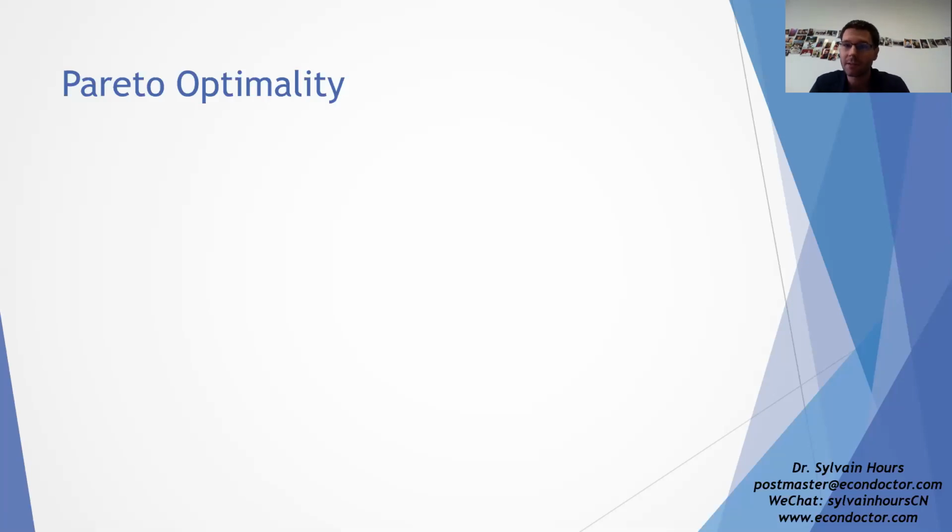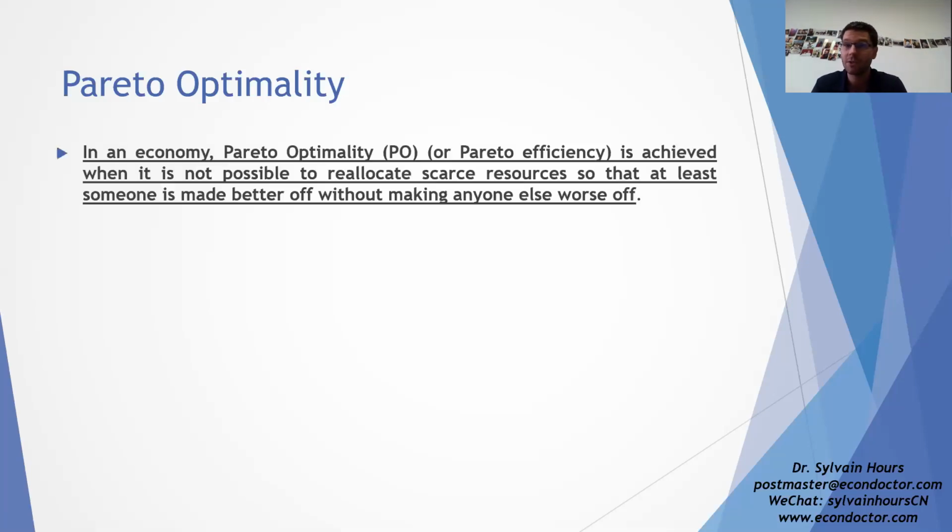So how do we define it? It's a very simple definition. In an economy, it's never in a market, it's always in an economy, general equilibrium model. Pareto optimality, or we sometimes call that Pareto efficiency, is achieved when it is not possible to reallocate scarce resources so that at least someone is made better off, so you improve the satisfaction or the surplus of at least one economic agent without making anyone else worse off.